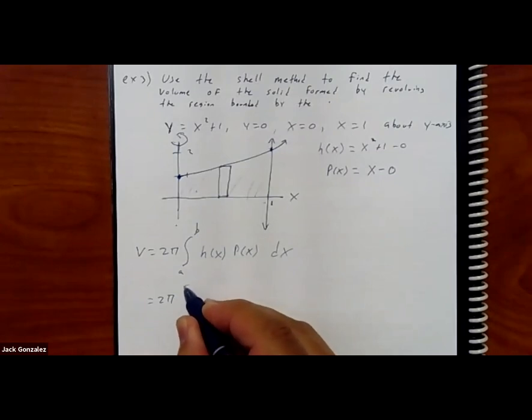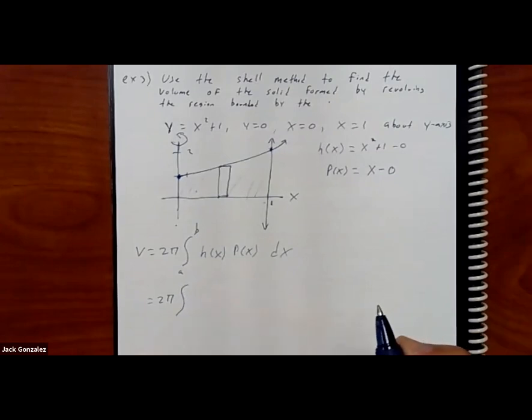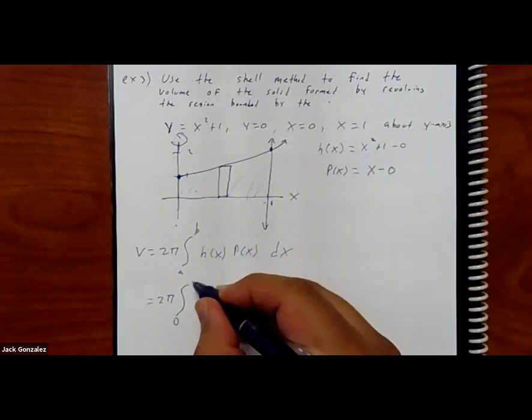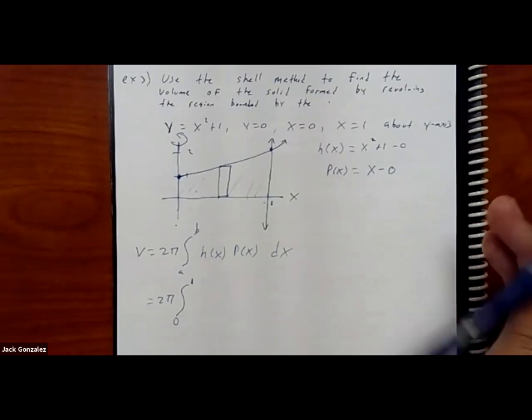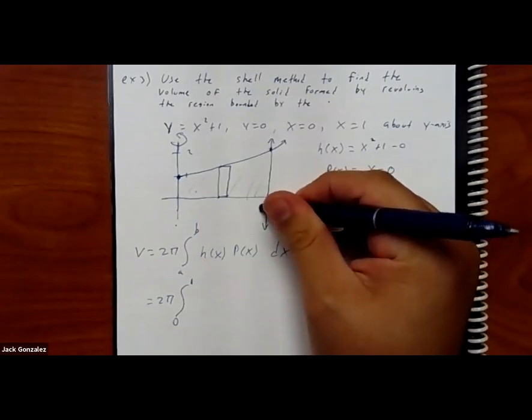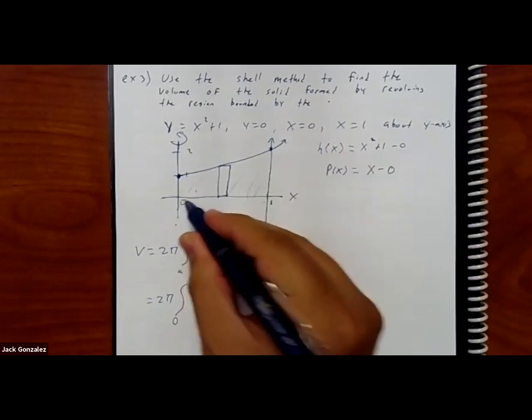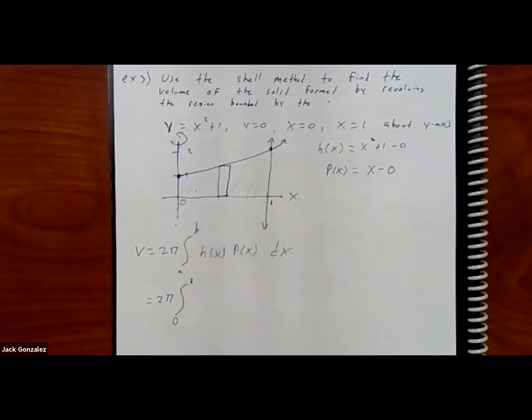So 2 pi would be multiplied on, so the bounds would be what? What are the bounds? 0 to 1 here, right? 0 to 1. That's just a random dot there. This is 0 over here. Okay.